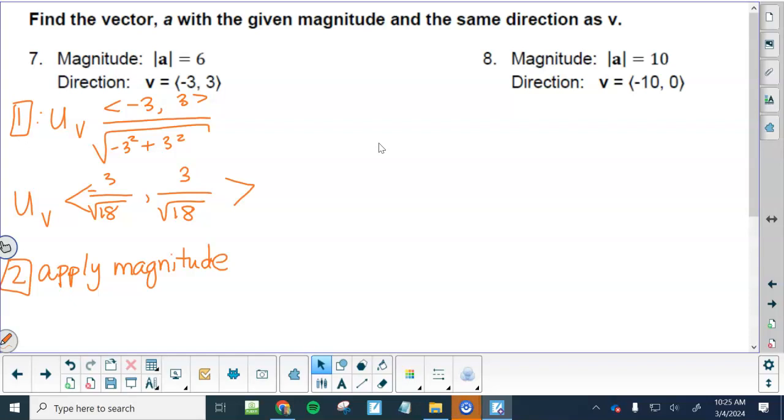Any questions? I know there's a lot going on with that denominator. It's a root, there's a perfect square in there, 9 times 3, or 9 times 2. But if you're good on that, I'm going to keep going.